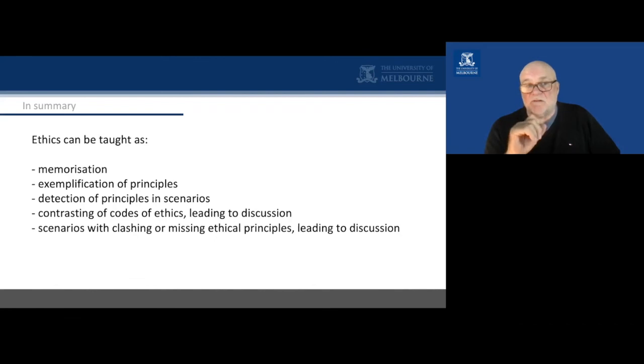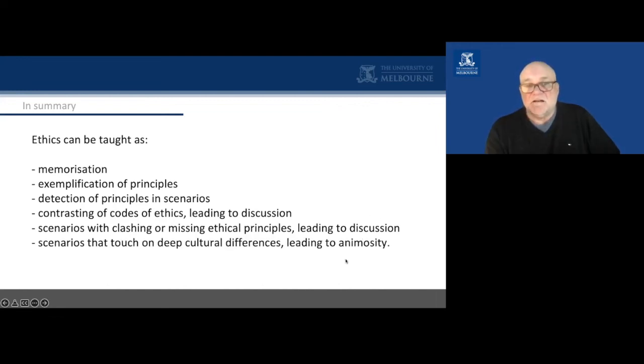And then we look at scenarios that have clashing or missing ethical principles, and we look at discussion as the activity. Then some scenarios can touch on deep cultural differences and can lead to animosity, which means people are angry with each other. That is not good teaching. So I take a risk.